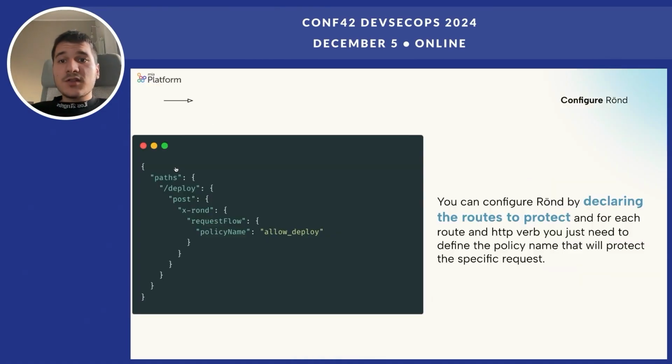For its configuration, Rönd uses OpenAPI compliant files. Therefore, to add Rönd to our project, all we need to do is modify these files to add the x-rond property to the routes that we want to protect. Inside this property, we will declare the name of the Rego policies that we intend to use to protect the specific route. We just need to do that.